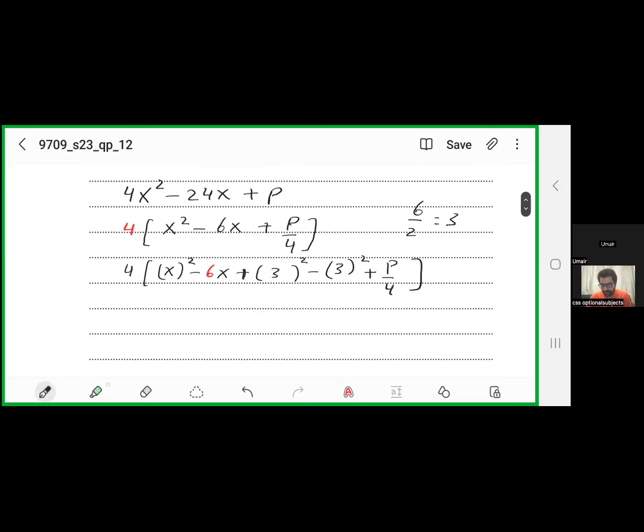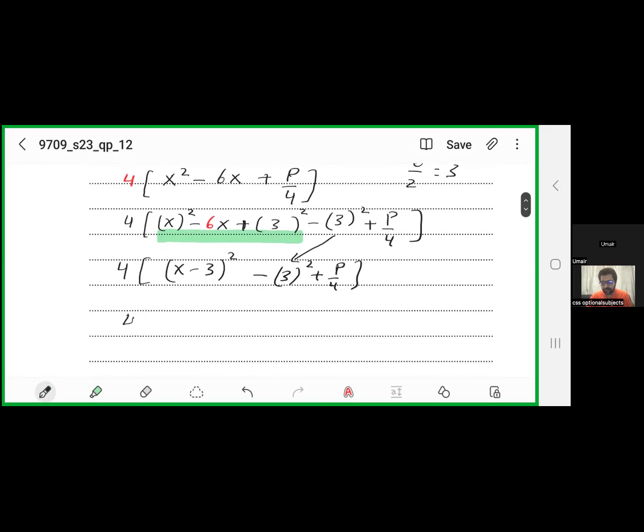Now this becomes a complete square. So x minus 3 whole square minus 3 whole square plus p over 4.